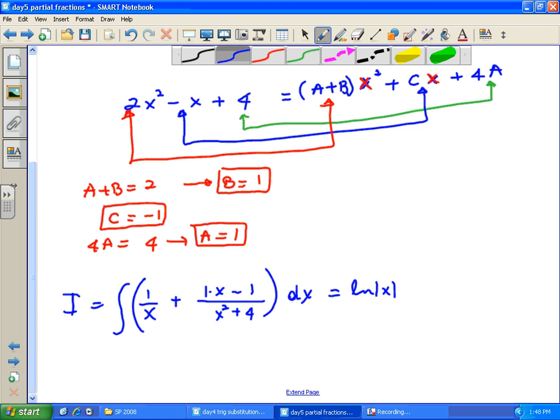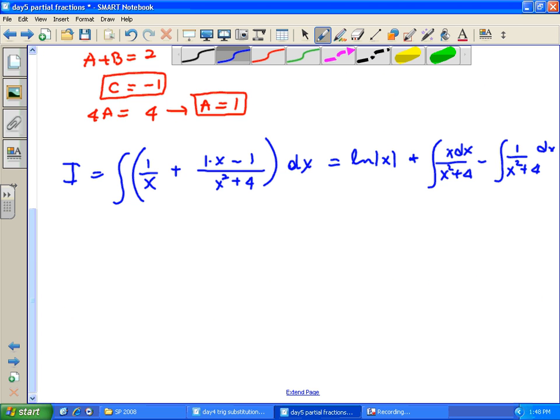And the second one, you can split into 2 further fractions. Basically, you could integrate x over x squared plus 4, and then minus 1 over x squared plus 4. Okay, what is the first of those integrals going to be? You need to do a quick u sub there, right?